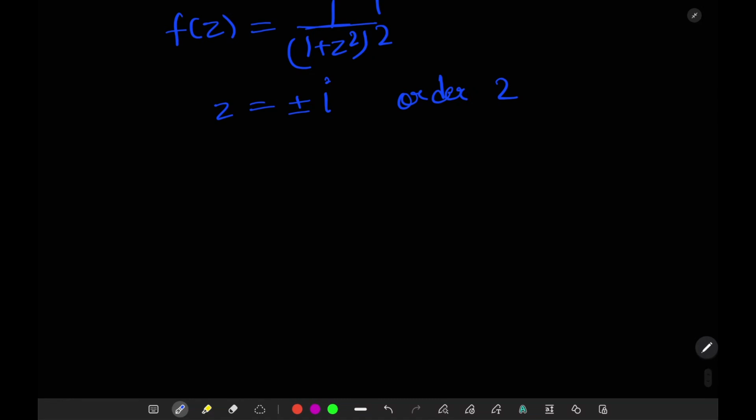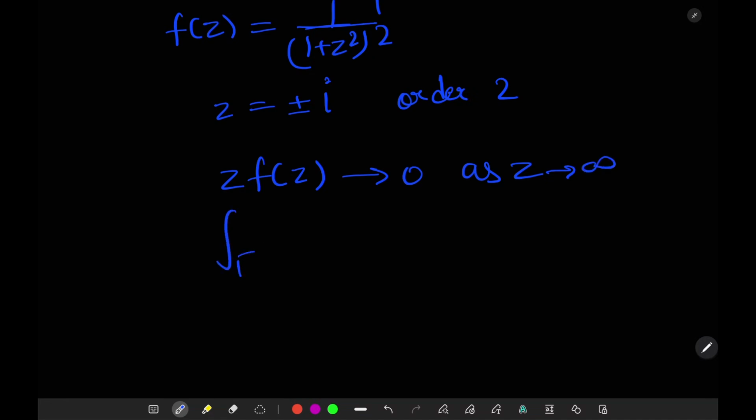Here z equals to iota lies in the upper half of the semicircular plane, but minus iota does not lie. Now f(z) tends to 0 as z tends to infinity.